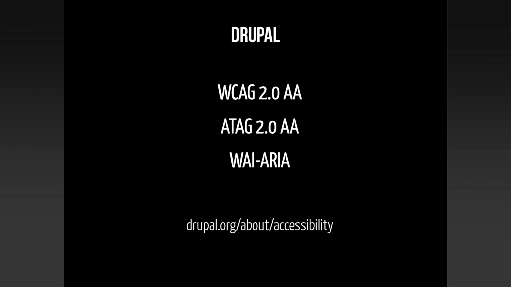So we actually have statements about accessibility, because in Drupal it's a first-class citizen. It's one of the core gates. For example, whenever you write a new feature for Drupal core, it has to be accessible from the beginning, to make sure that everyone can use it properly.